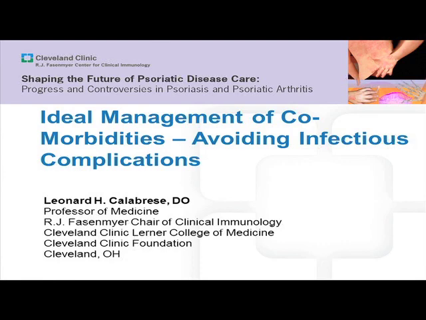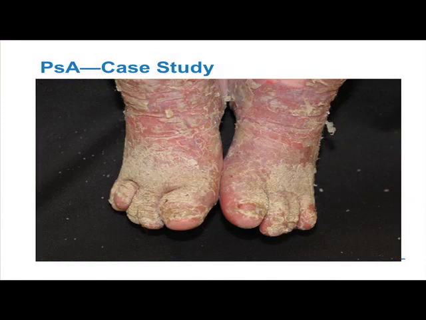And today I'm going to be talking to you about ideal management, comorbidities, avoiding infectious complications, and the disease at hand is psoriatic arthritis. I think that psoriatic arthritis is a case study in an autoimmune, autoinflammatory disease where comorbidities are common.